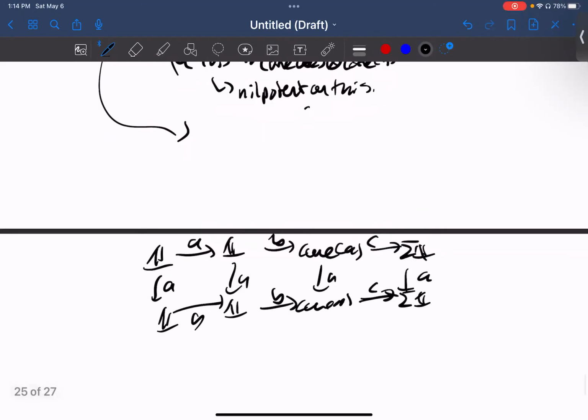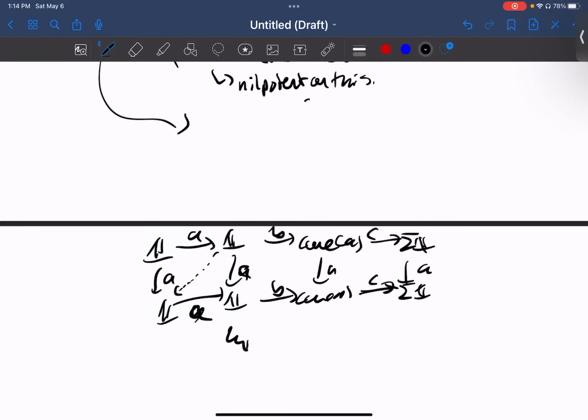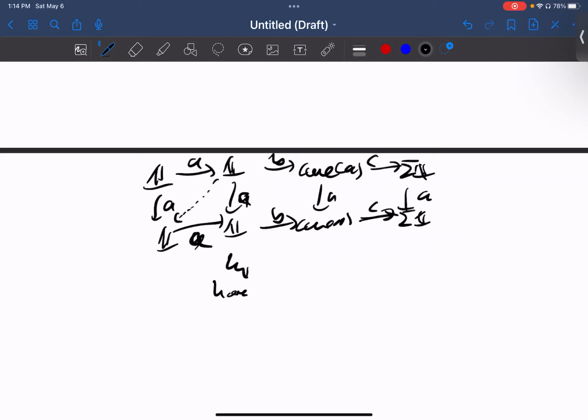And in particular, what we can do is we can note that we have a map down this way, just given by the identity, which admits that this is homotopic to this.